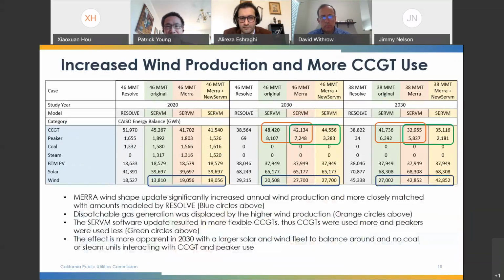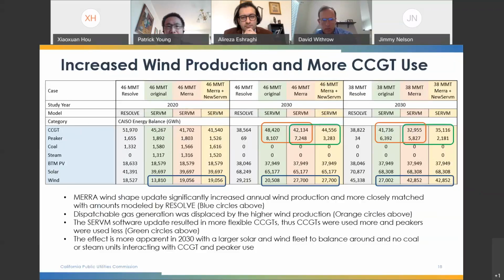So if you could advance the slide, please. Okay, so this is a zoom in on a certain set of rows from the previous table. What we see is evidence of the increased wind production and more CCGT use that I mentioned earlier.